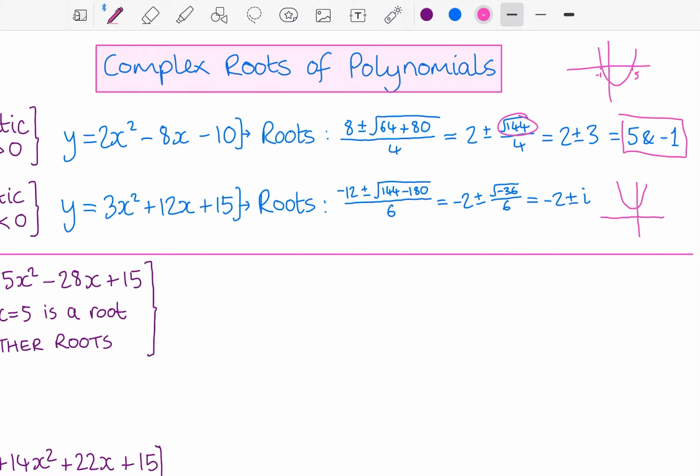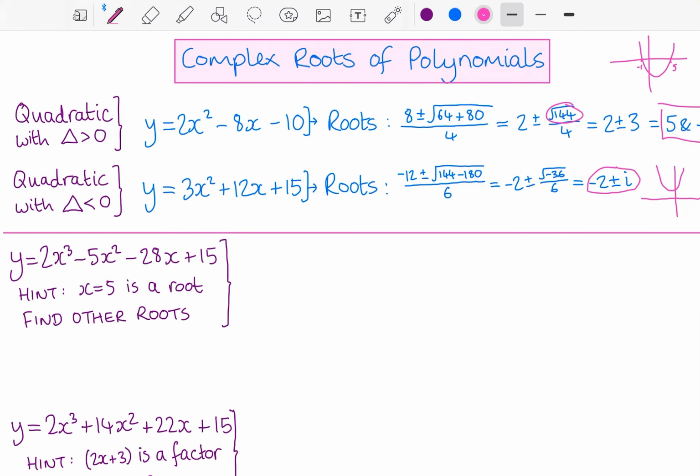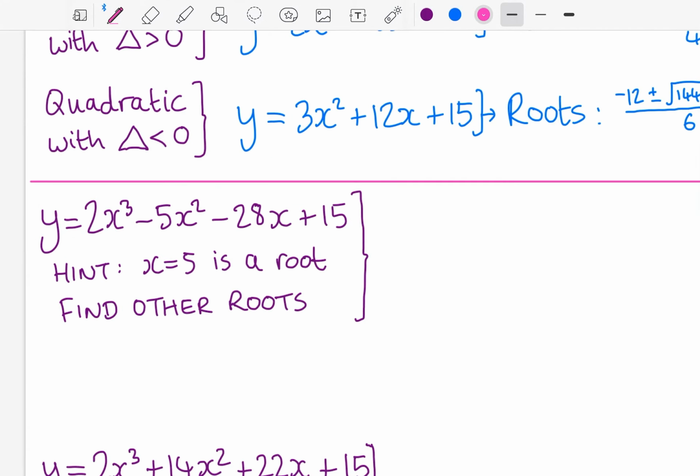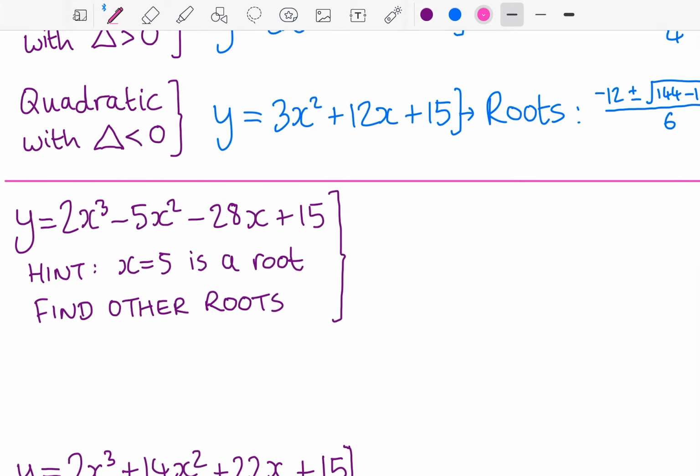It does still have two roots. Every quadratic will have two roots. It's just that some of them will be complex, like these two here, and sometimes they are repeated roots as well. So, you should know most of that already, but what we get to in HL is beyond the quadratics, any polynomial, to be honest.